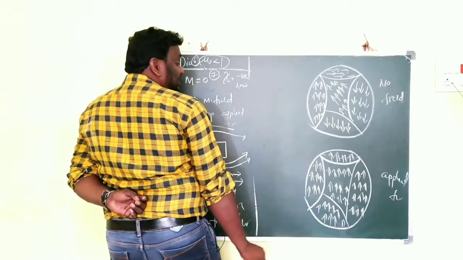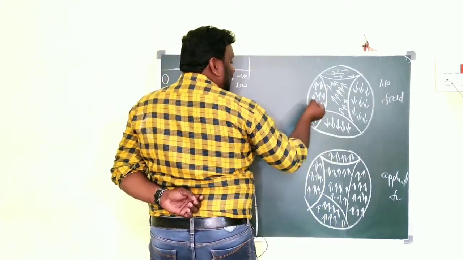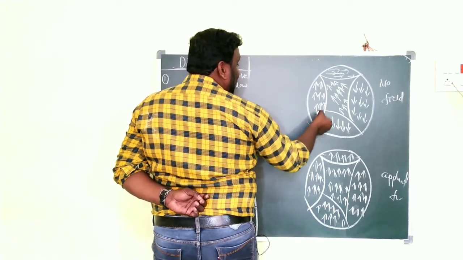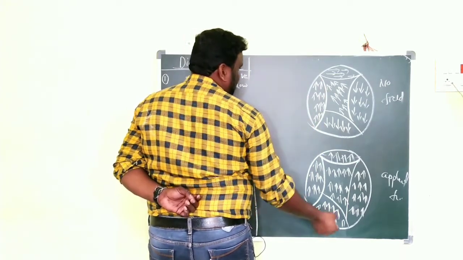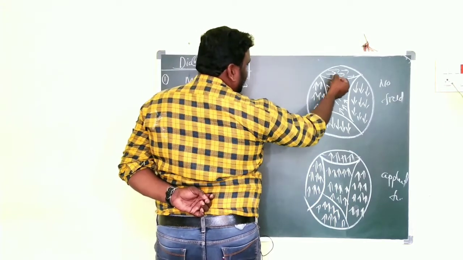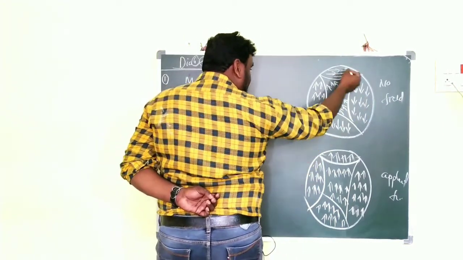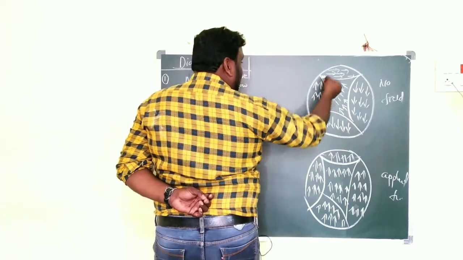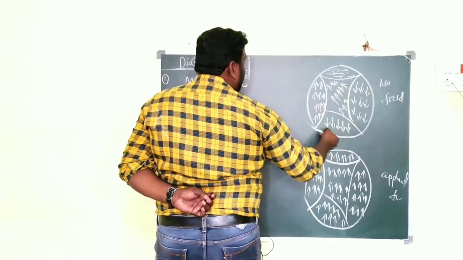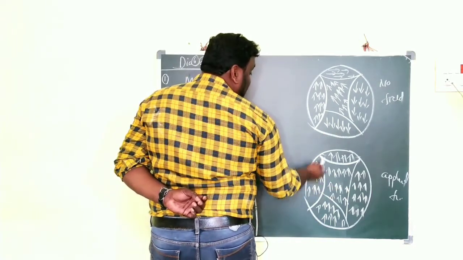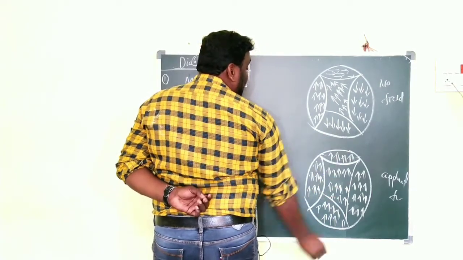And domain means what? In a ferromagnetic substance, where all the magnetic moments are aligned in one direction, that is called a domain. Here this is a domain, this is a domain, this is one domain, all are domains. When there is no field, different domains are in different directions, and once the field is applied, all the domains are in the same direction.